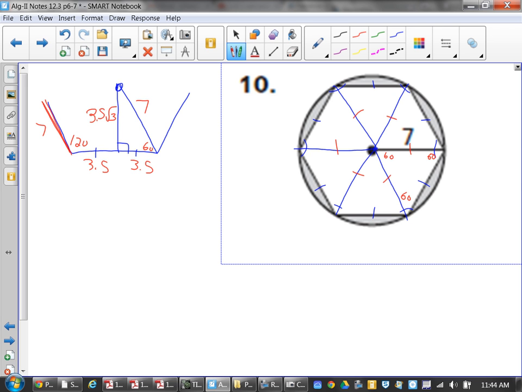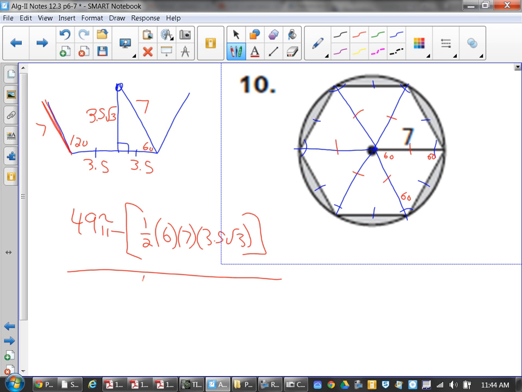So the area of the circle would have been 49 pi. Subtract out your one-half perimeter times apothem: 6 sides times 7 times the apothem, about 3.5 root 3, all over... Wait, 6, 7, 6, 7, 7.